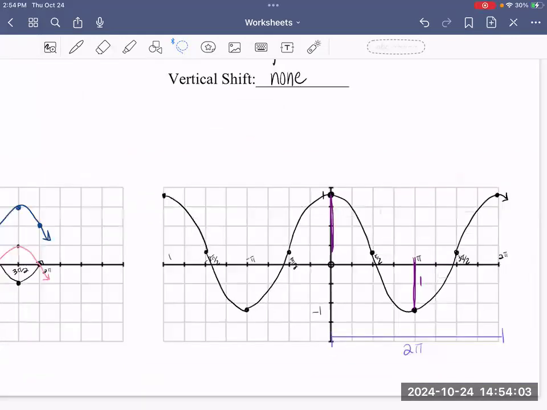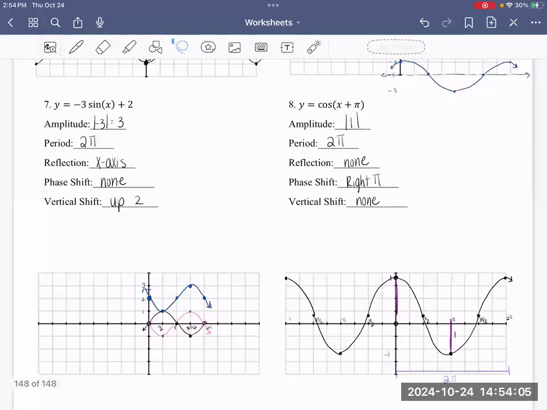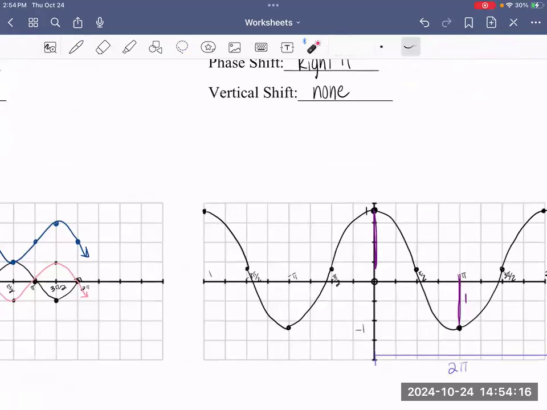And now, because everything is going to remain the same as far as your amplitude and your period, we can keep it as is. But now we're going to take each of these values and go to the right by pi. So that just means that each value we have listed, because it's a phase shift, is going to change all of our x values.